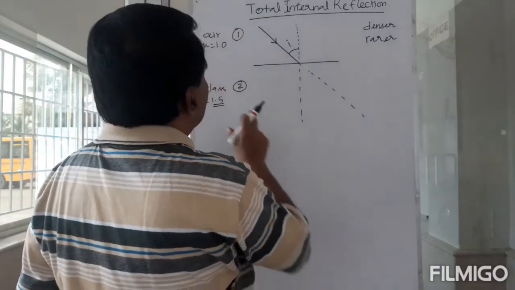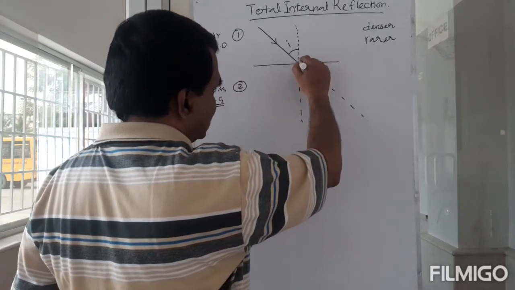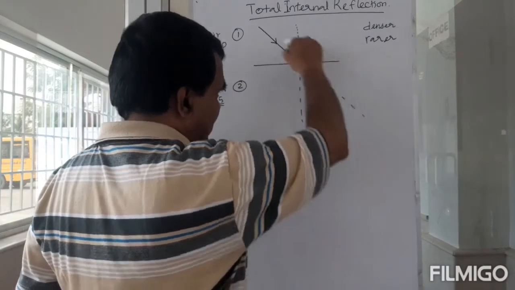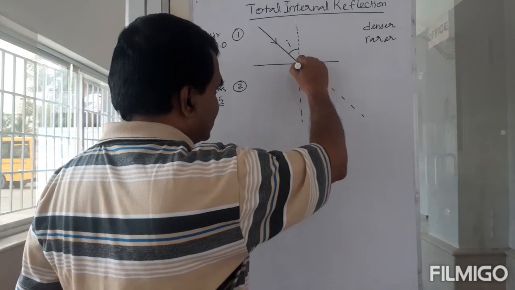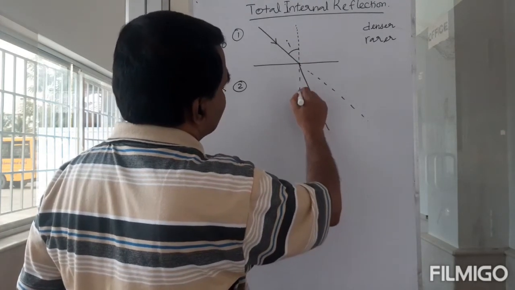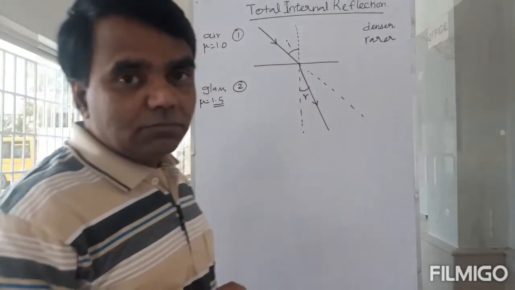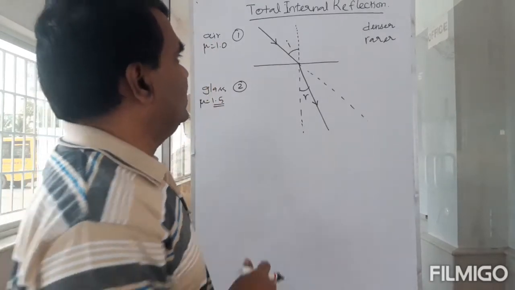Now, I've got glass here, I've got air here. So what will happen is that it will bend towards the normal. Going like that, it will slightly bend towards the normal. And this angle is called the angle of refraction. So we know this.